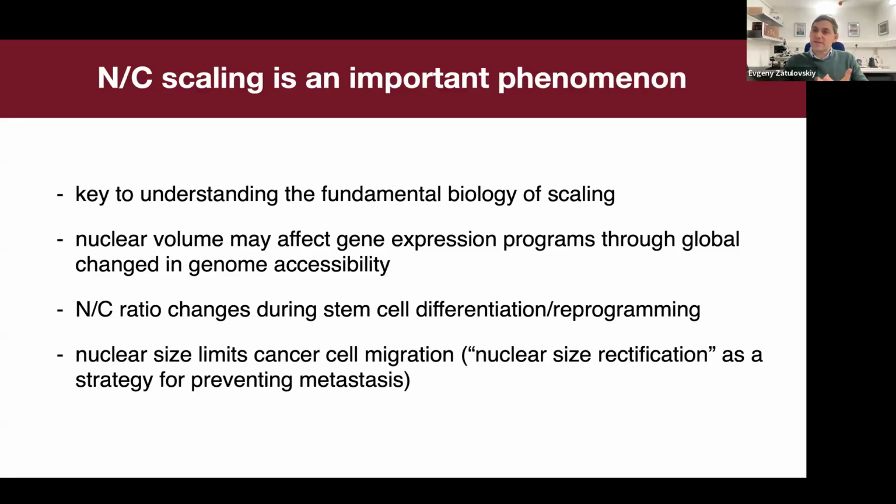And for cancer cells, it's even been proposed to use a strategy called nuclear size rectification, which means making the nucleus bigger to prevent cell migration, because if the cell is big and stiff, the cell cannot squeeze through the extracellular matrix or through other tissues, which leads to metastasis. So if we can understand the biology of nuclear size control, we can then manipulate that and achieve some desired phenotypes in the cells.